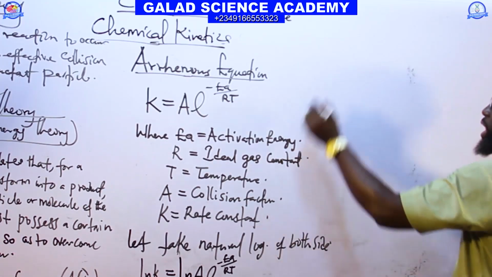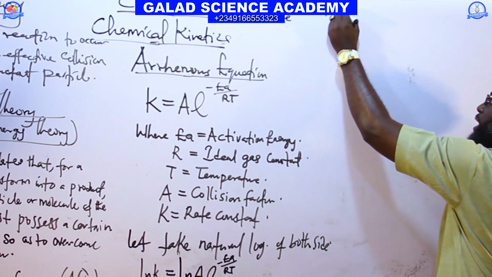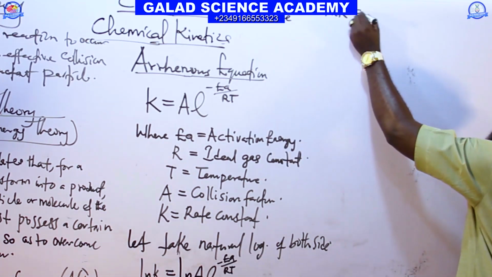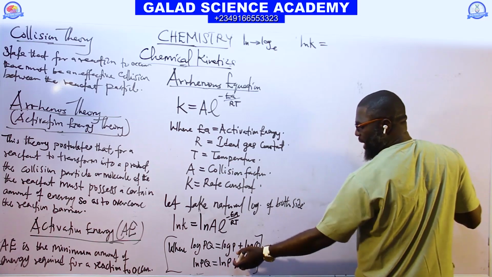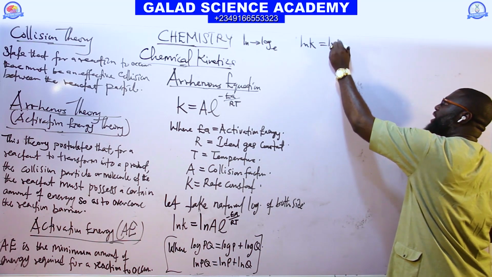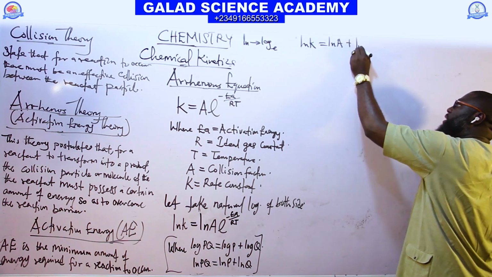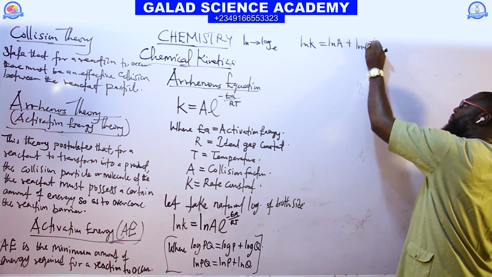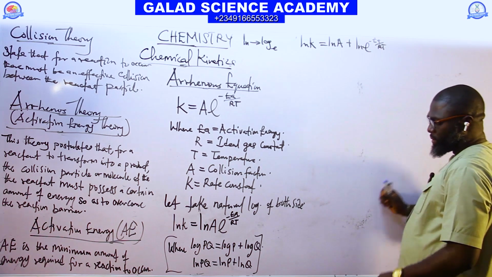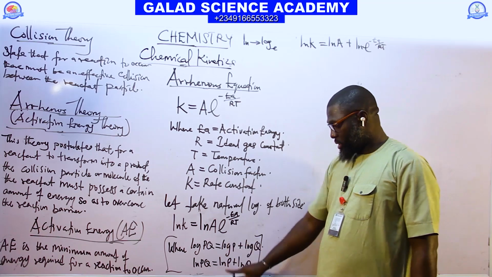So that was ln K equal to, split this, we apply this principle to be ln A plus ln e exponential minus Ea over RT. This is the same thing as this.